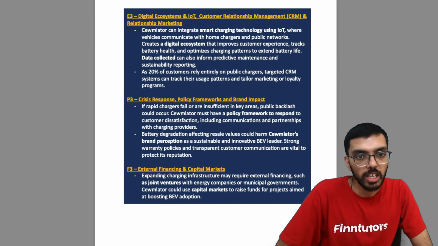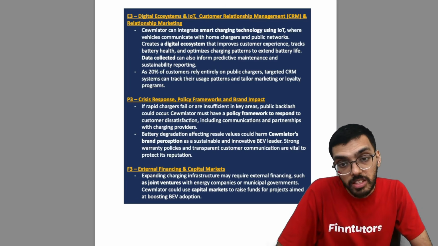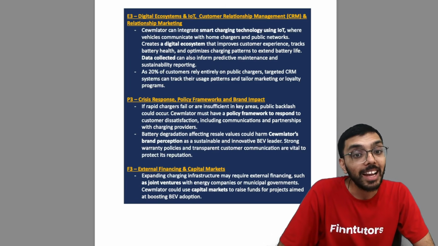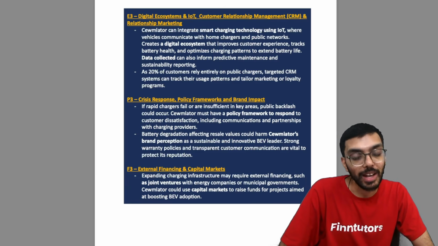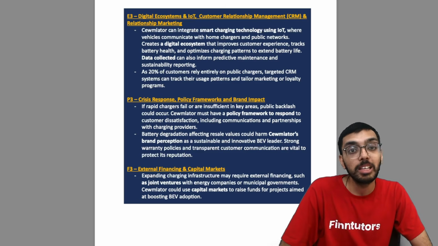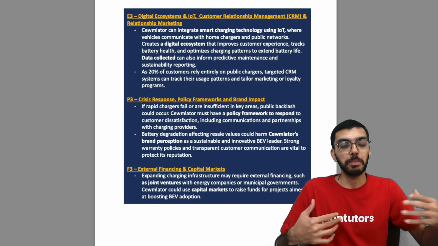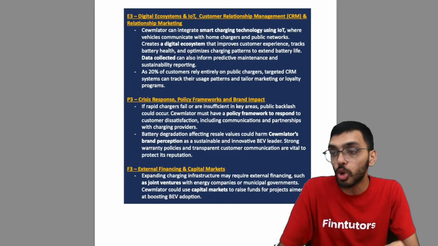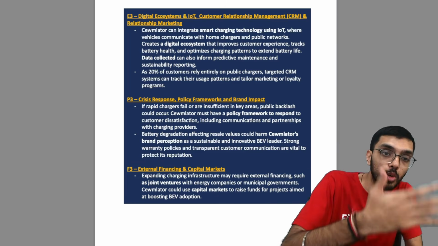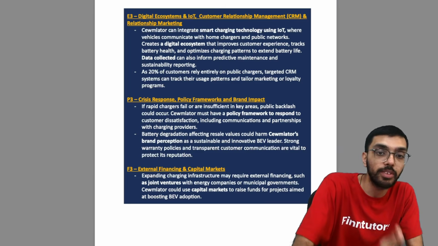Now, let's say overall, if rapid chargers fail or are insufficient in key areas, public backlash could occur. Cewmlator must have policy frameworks to respond to customer dissatisfaction, because in this market that is highly possible. Even if you buy a very expensive EV, it's highly technology based. Something or the other can go wrong. So as a business, you need to have those internal policy frameworks.